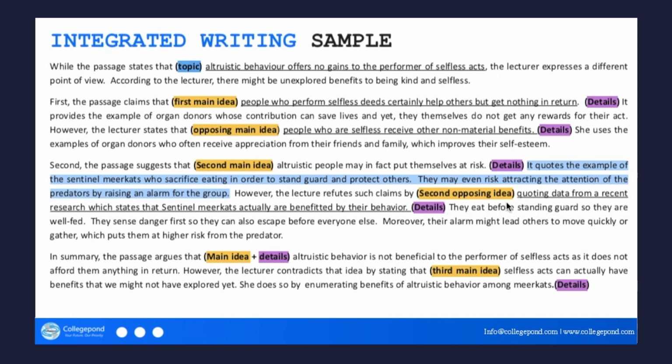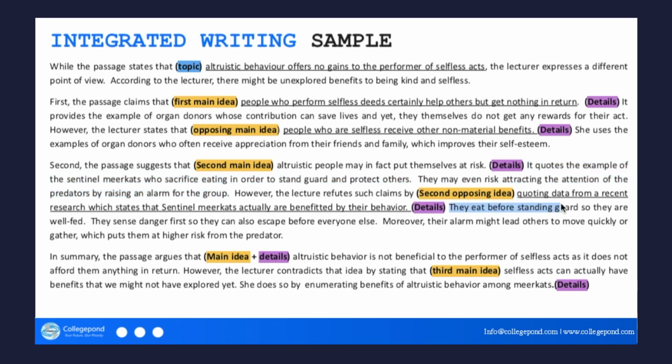So in this case, the second idea that the lecturer was talking about was she was quoting data from a recent research. So this was new information and we started listening very carefully, if you remember. She presented data that said that sentinel meerkats actually are benefited by their behavior. And what are the details she gave?